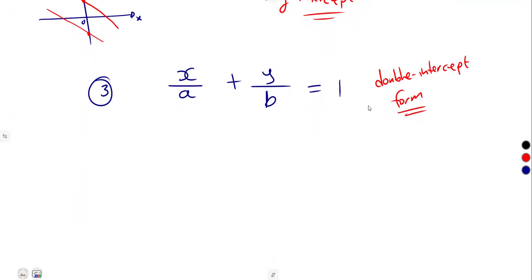There are many ways to call it depending on the author you're using, but I prefer the double intercept form, where x is equal to a. When you equate x to the value of a, it is our x-intercept.